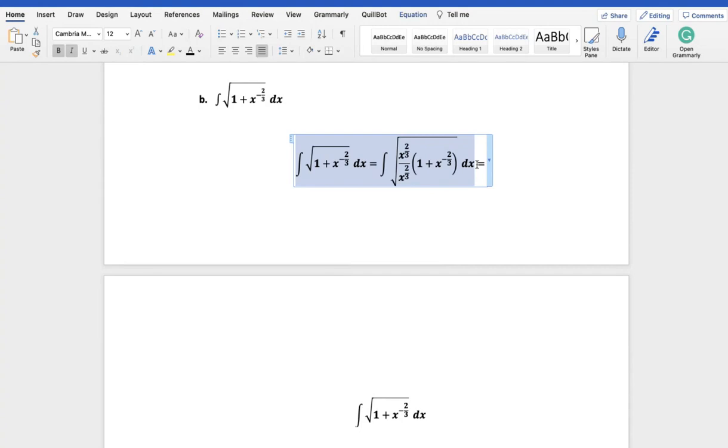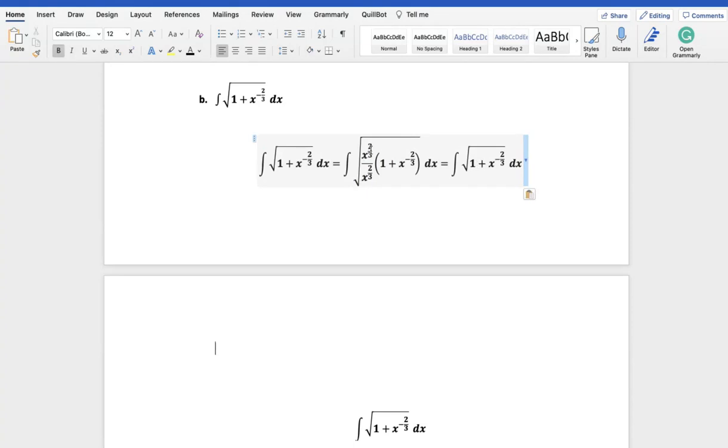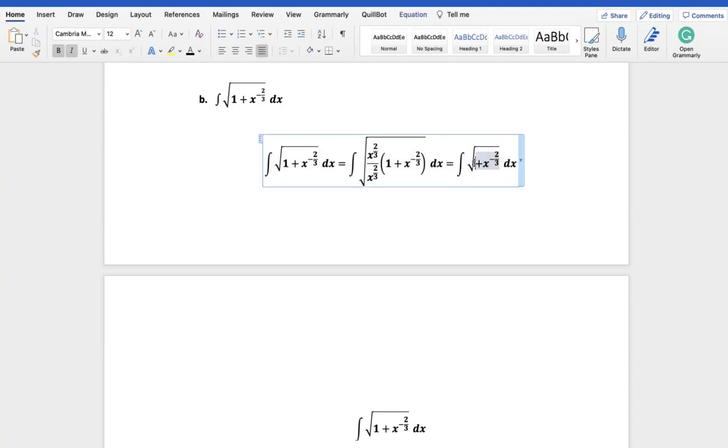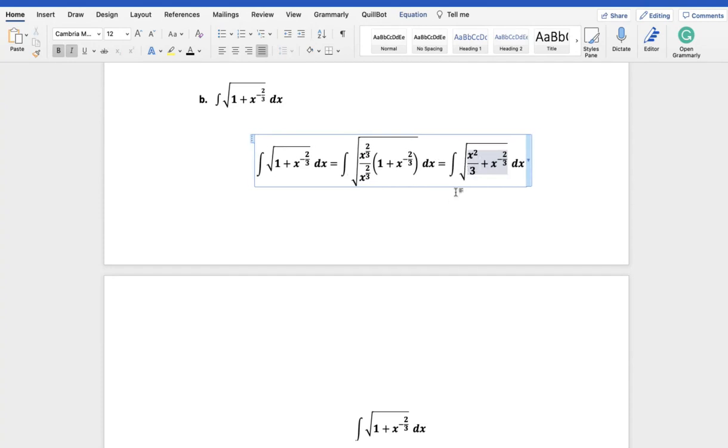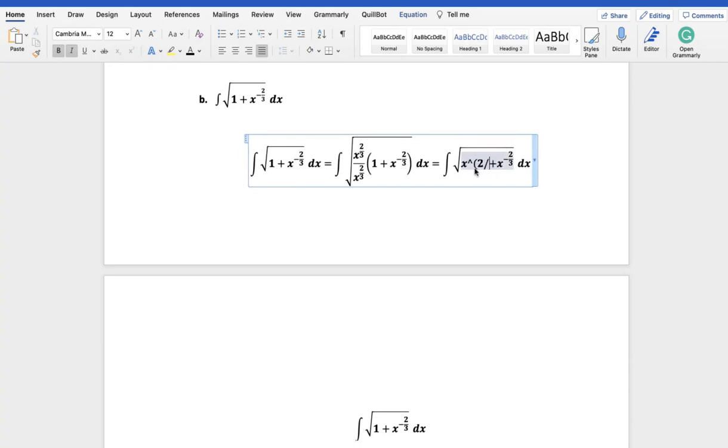Yes. Okay, so then since these two are equivalent, when you multiply in the x to the 2 over 3 into the brackets, what you get is x to the 2 over 3 plus x to the 2 over 3 times x to the negative 2 over 3, which is just x to the 0, which is 1.